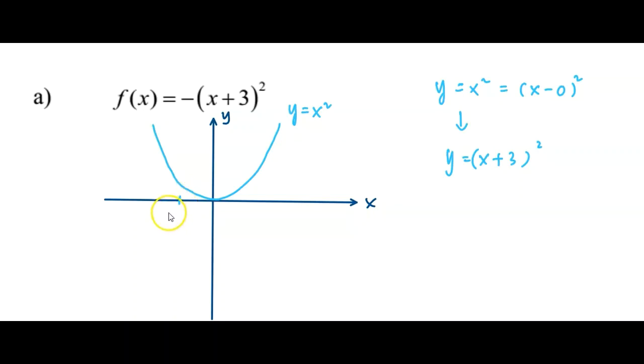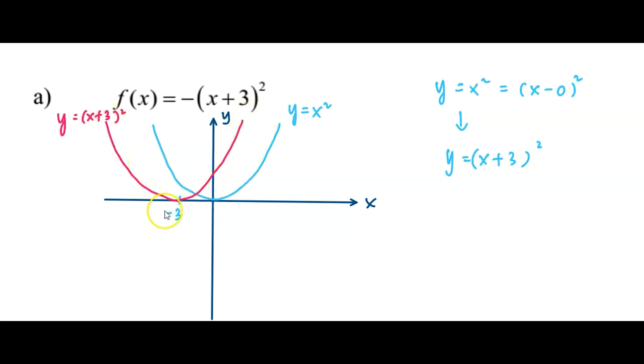So roughly negative 3 will be here. I move the whole graph, especially the minimum point, to (negative 3, 0). This is my (x plus 3) squared, which I sketch with the pink line.